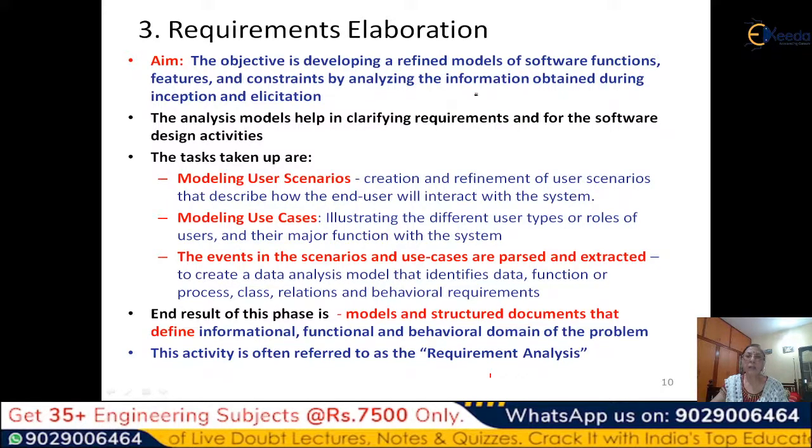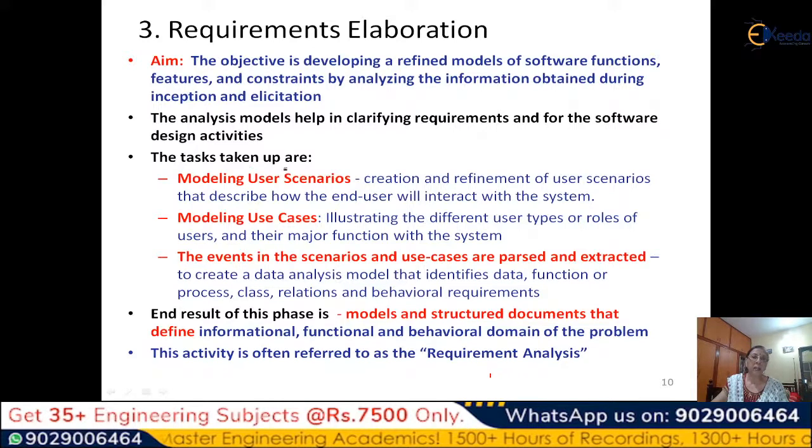These models will basically provide us the software functions, features, and the information domain. They will tell us more about the functions, features, and the information, also the constraints. So we will have to do the analysis of the information that we have gathered during the inception and elicitation. And these models will help us clarify the requirements for the design activities.